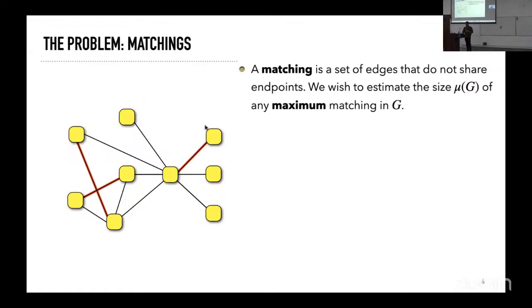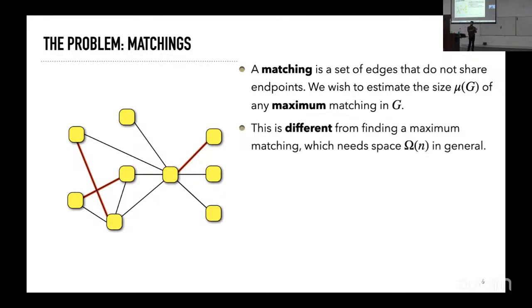And the problem of interest is that we would like to estimate the size of the maximum matching in G. That's going to be denoted by mu(G). And I just want to make an observation at the outset that this is distinct from a very related problem which asks you for an explicit maximum matching.